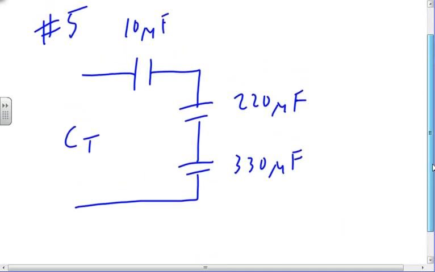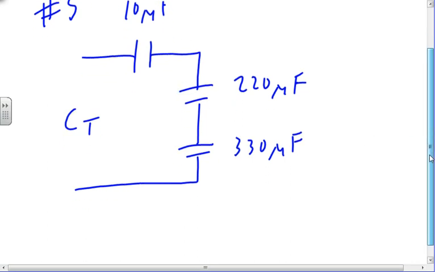Now, the same rule applies as in resistance. If resistors were in parallel, the total resistance would have to be smaller than the smallest resistance. Capacitors in series follow the same rules as resistors in parallel, so the answer has to be less than 10 microfarads.